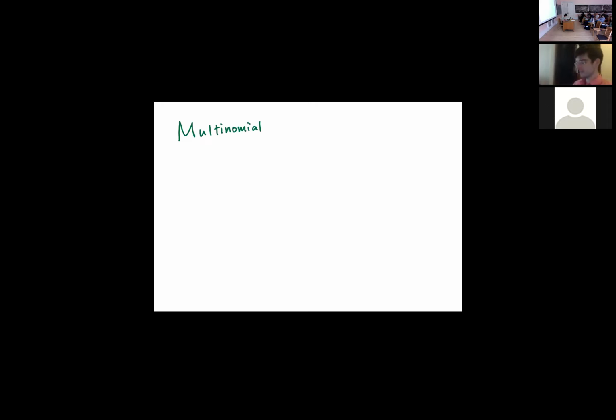By the name, you might figure that it is very similar to binomial, but now you not only have two outcomes. For binomial, you have two outcomes, and p is the parameter, which measures the probability of success.